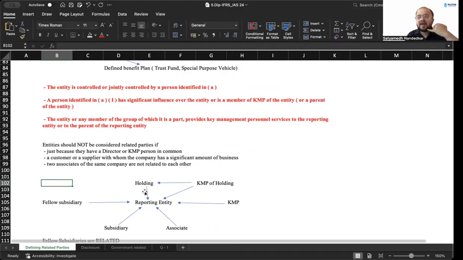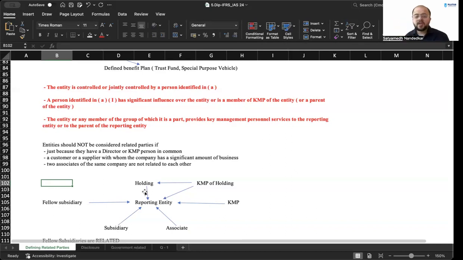For example, I am a seller of clothes and most of my raw material comes from one supplier. He provides around 80% of my overall raw material. But just because a party provides a significant amount of raw material to me, or is a significant supplier, does not make it my related party. I will have to consider other factors also.